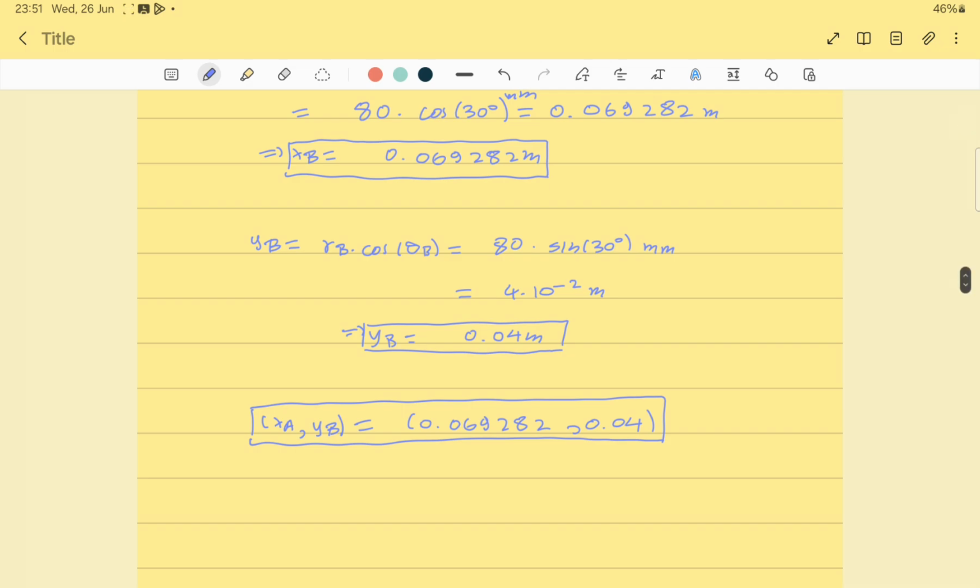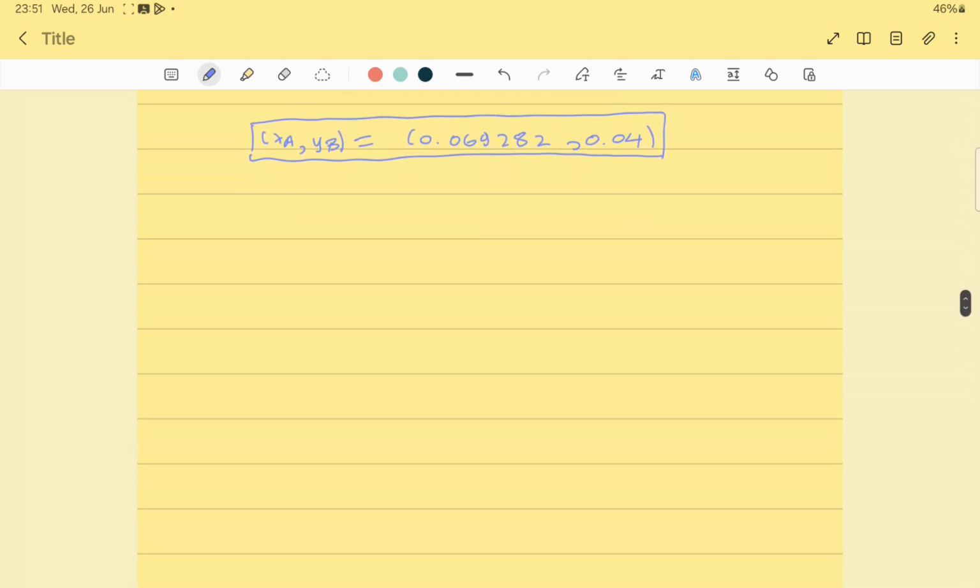Now I can use this to draw a Cartesian coordinate system.